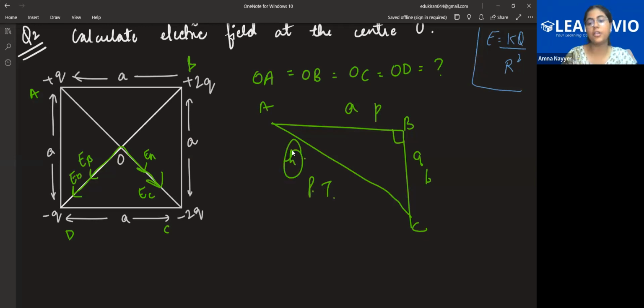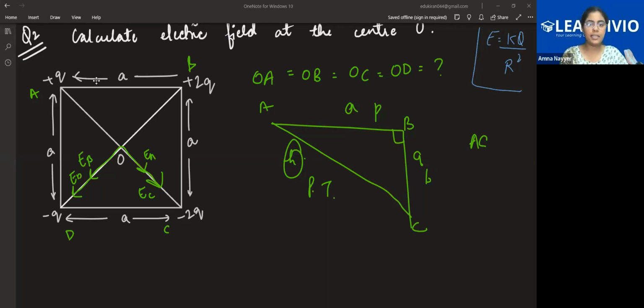What would be the hypotenuse value? Yes, class. AC is equal to root of AB square plus BC square. So put the values of AB and BC. That is A only. Correct.